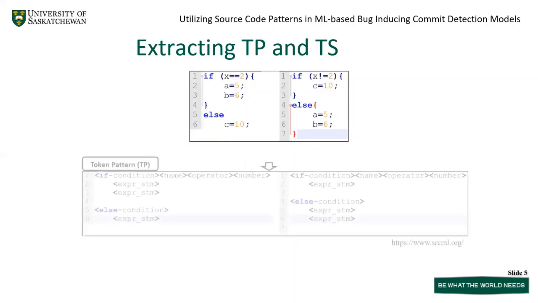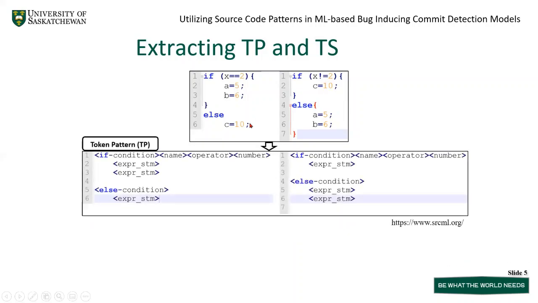To extract them, let's consider the same code segments and apply a tool called SrcML to convert them into XML representation. The XML representation will provide a hierarchy of tokens, and as the styles of writing the code differ, we will obtain different hierarchies of tokens here.